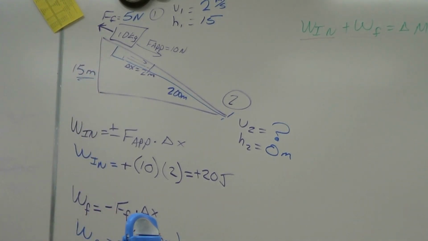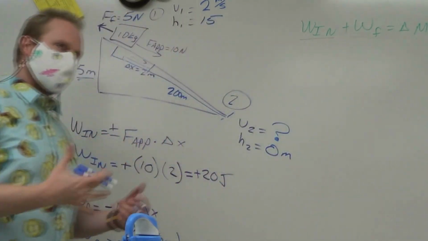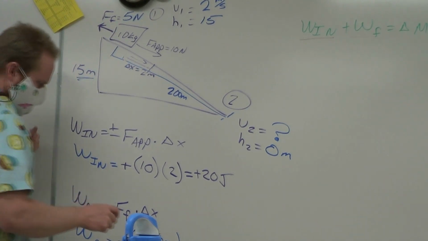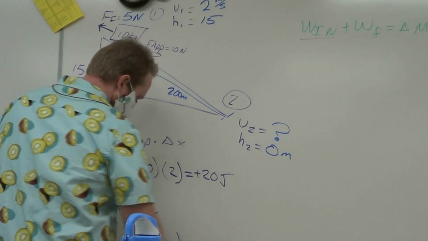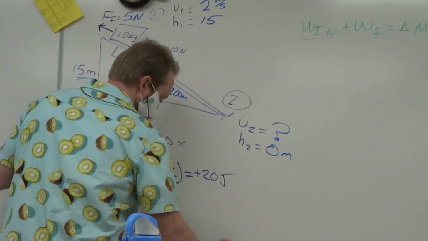Okay? And that's really one of the big reasons I wanted to change this problem to reflect that. This was a number that was the energy loss due to friction. The way this problem was originally set up is we were just plugging a number into there, but I wanted to address that. That's the length of the hill kind of deal. So 5 times 200 is negative 1,000 joules.